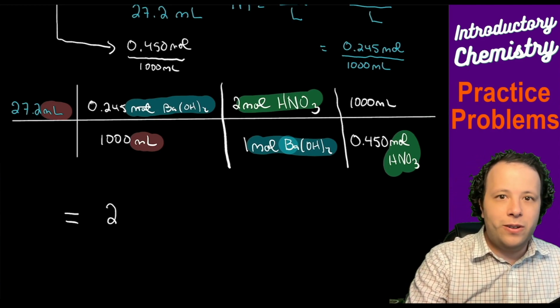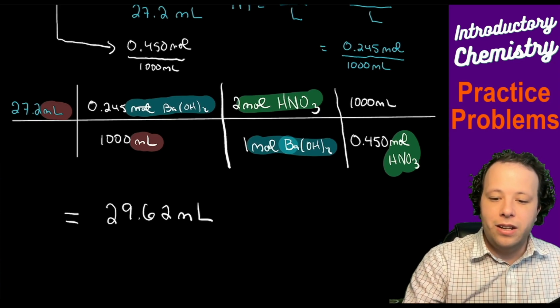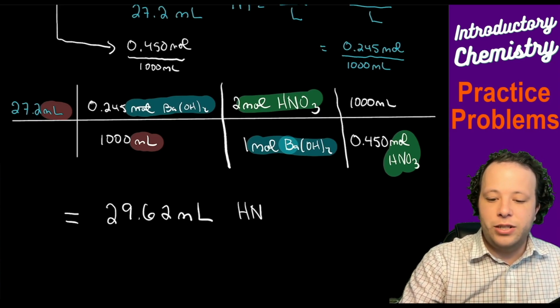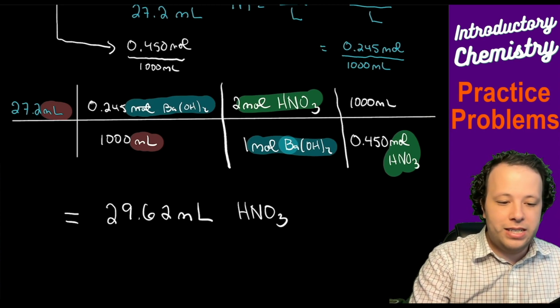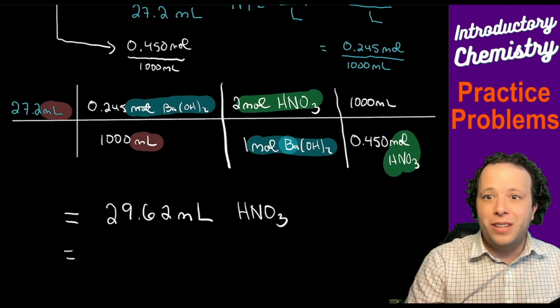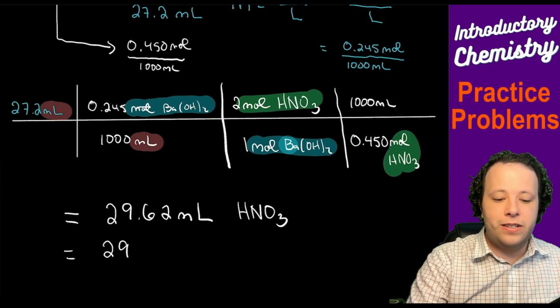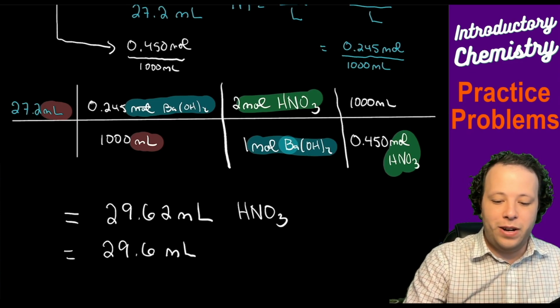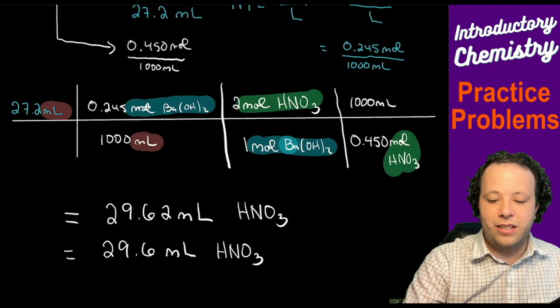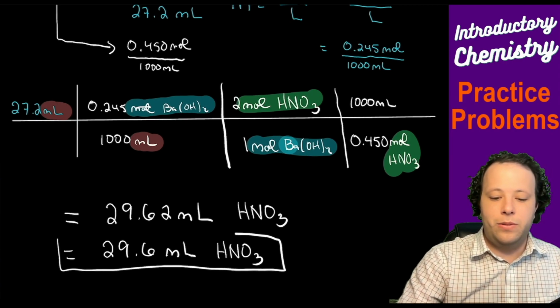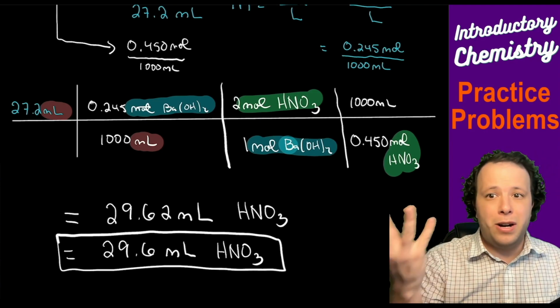And what we are going to get is 29.62 milliliters of nitric acid required to neutralize this. Now we want to make sure we put in the right sig figs. So 29.6 mLs is going to be our final answer of nitric acid. And that is how we do this style of problem.